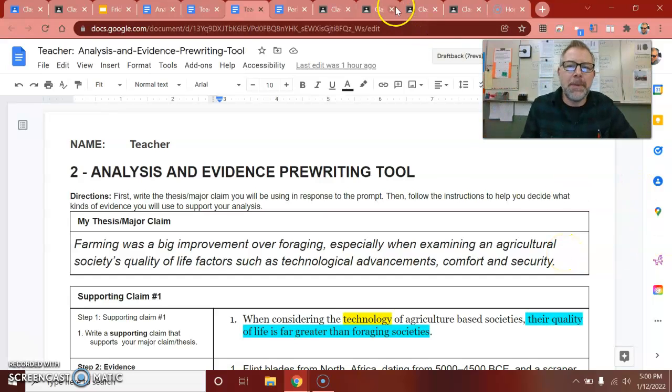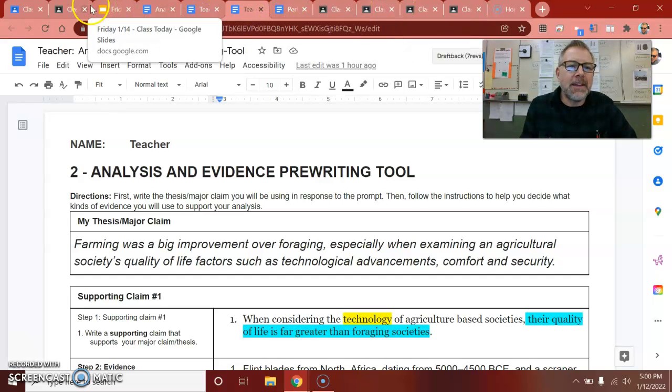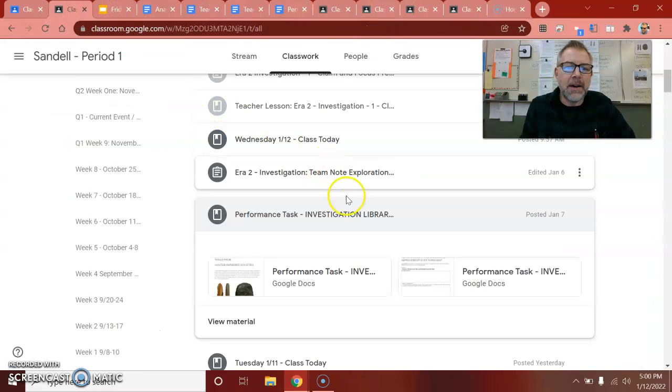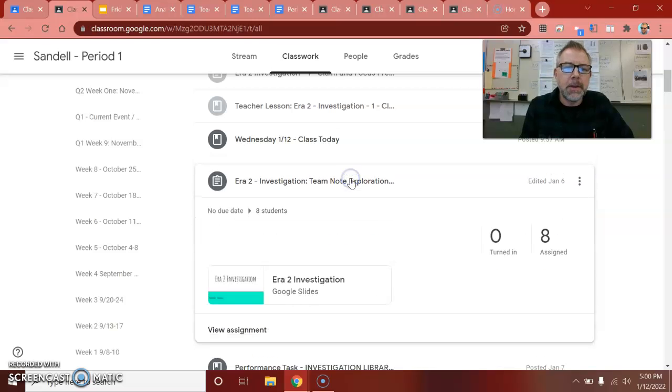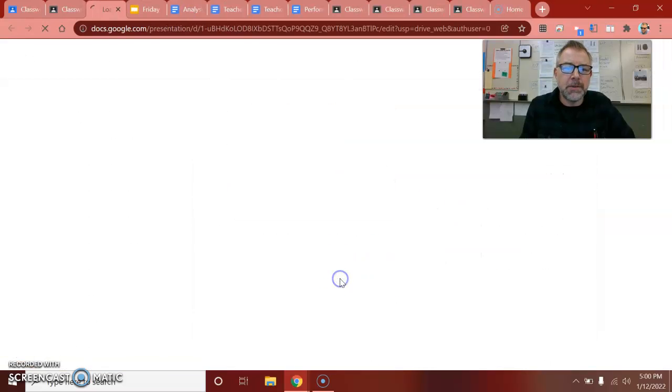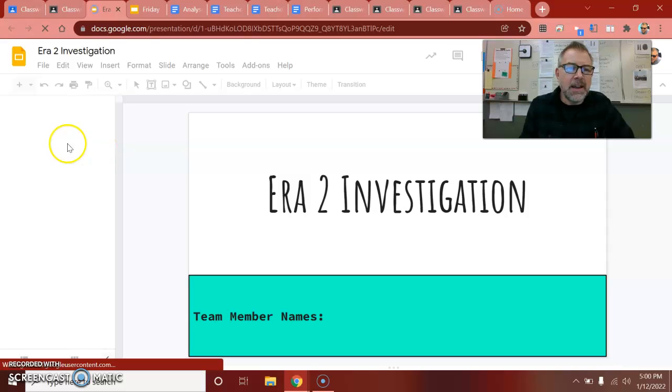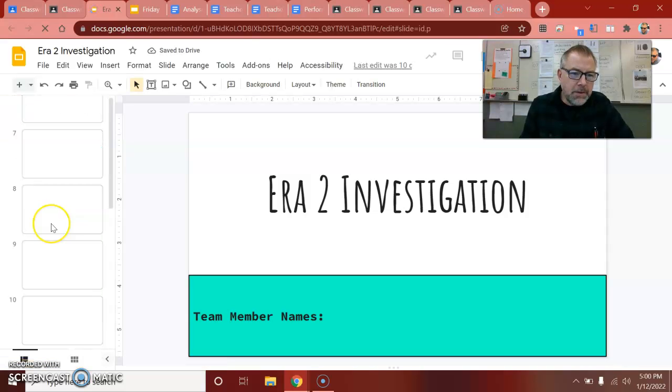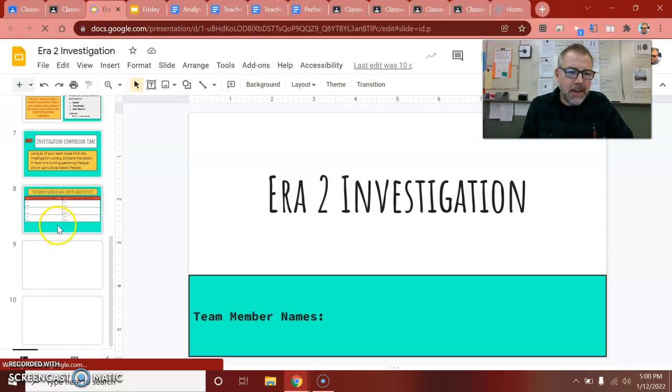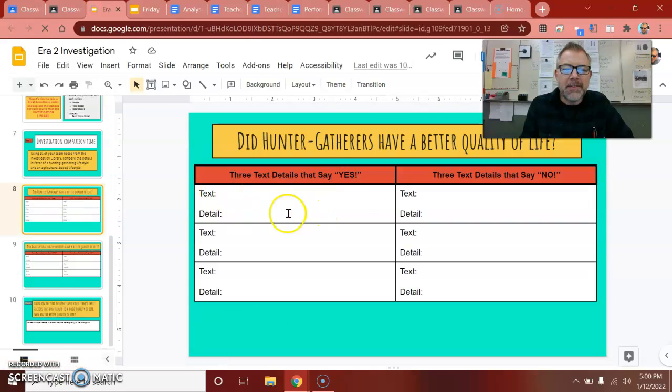To make all this happen, let's not forget that you have with your team your exploration notes, your team notes, and when you look at the final slides here, you have many of these details already mapped out. So if you're saying, oh no, I don't know what text to use or what I should use as my evidence, well, remember, we already did this as a class.